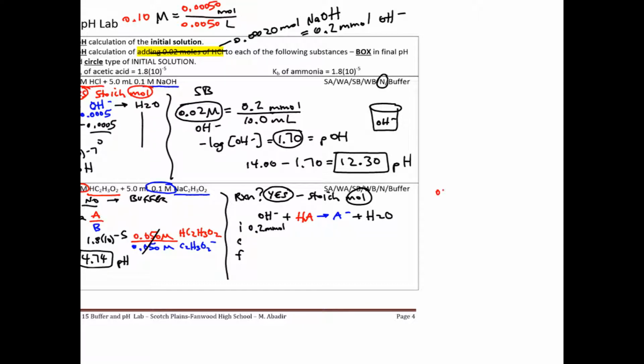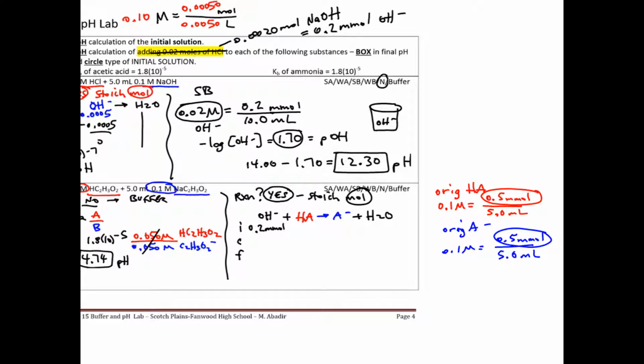So my original of HA is going to be 0.1 molar. I had 5 milliliters, so that's going to be 0.5 millimoles of HA. My original A minus is the same calculation, 0.1 molar, 5 milliliters, so that's 0.5 millimoles of that.